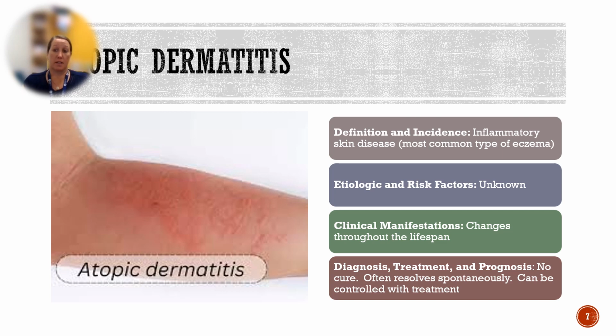It is found mainly in flexor surfaces such as the elbows and knees, neck, sides of the face, eyelids, and back of the hands and feet. Hand and foot dermatitis can become a significant problem for some people.